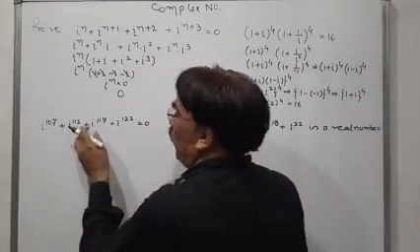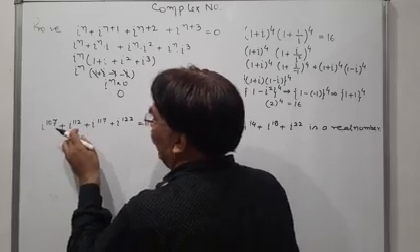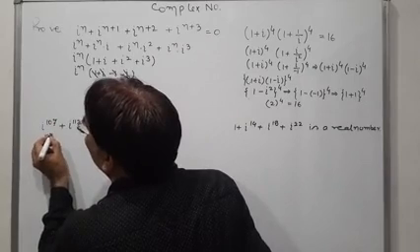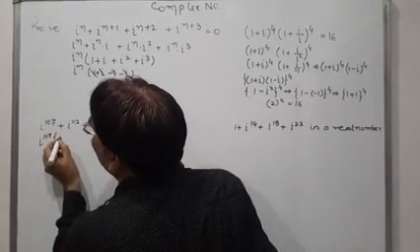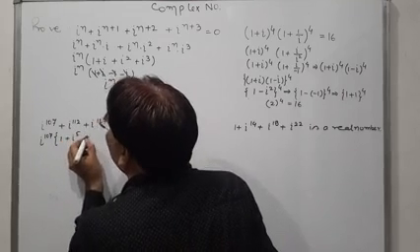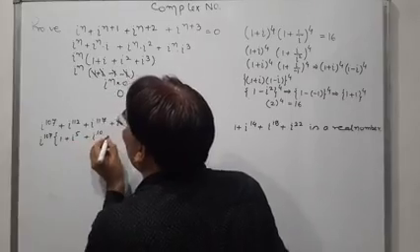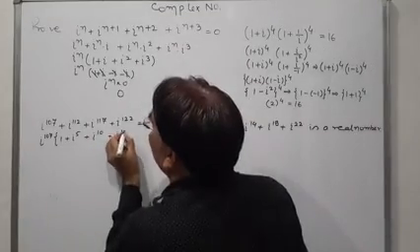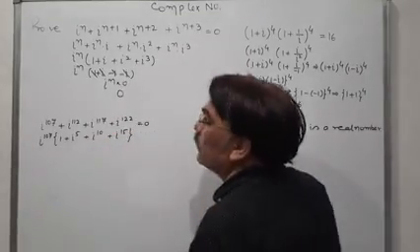Here the power of the other terms is more than 107. Then we will take i to the power 107 common. Then here we get 1 and here i to the power 5 and here i to the power 10 plus here i to the power 15. Clear?